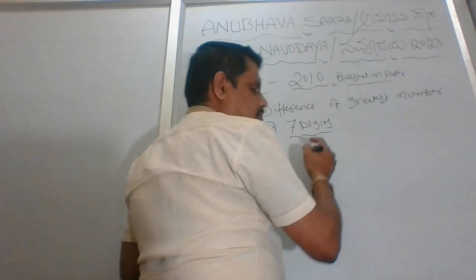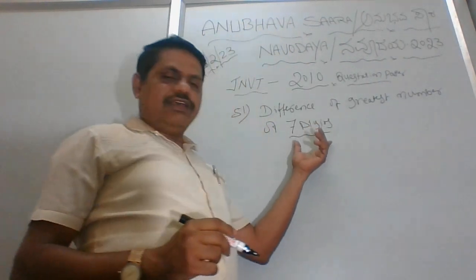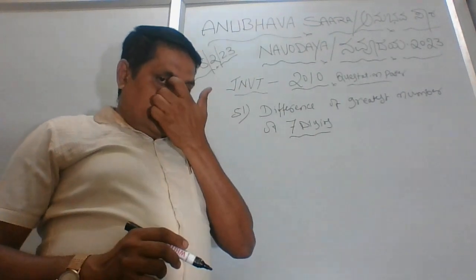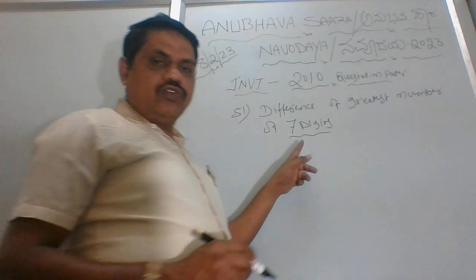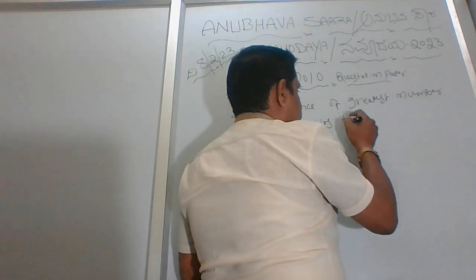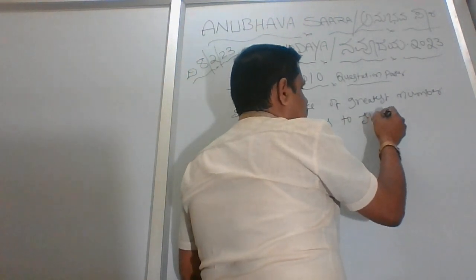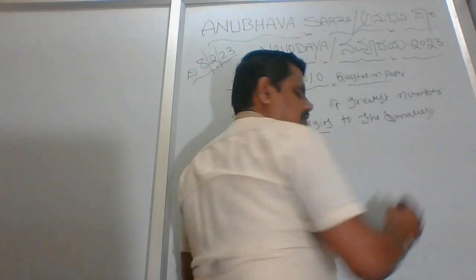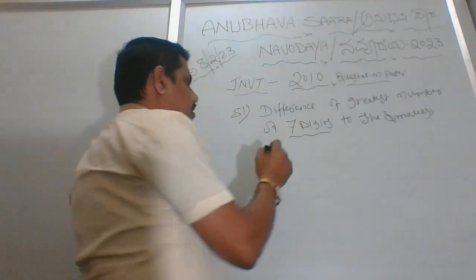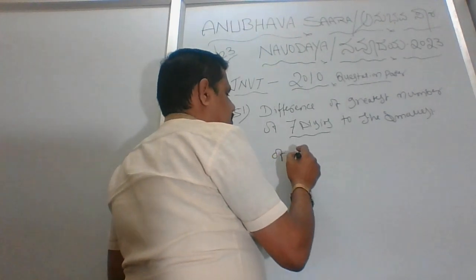I'll underline this because the question is here itself, the entire question, what they are asking: difference of the greatest number of 7 digits to the smallest number of 8 digits.